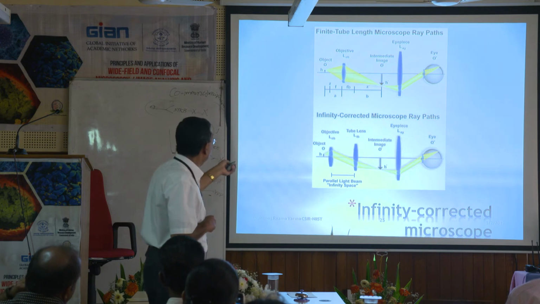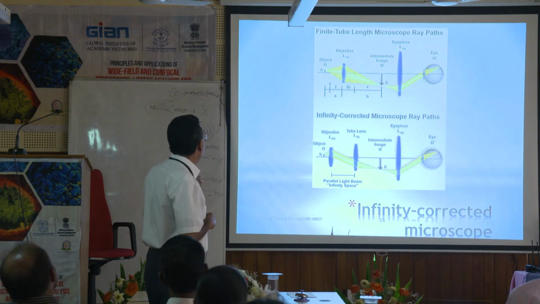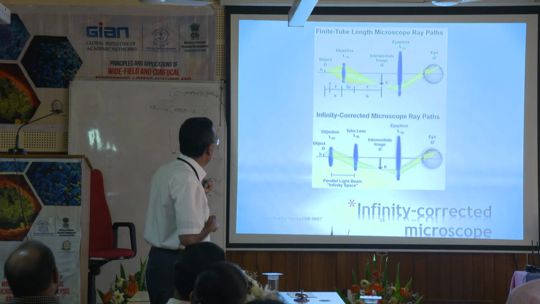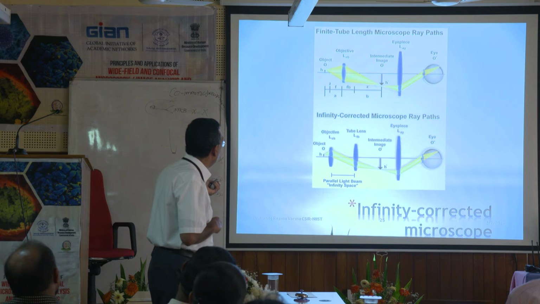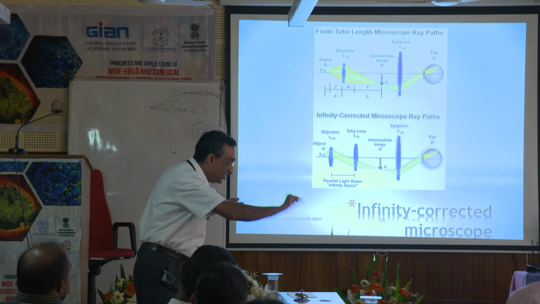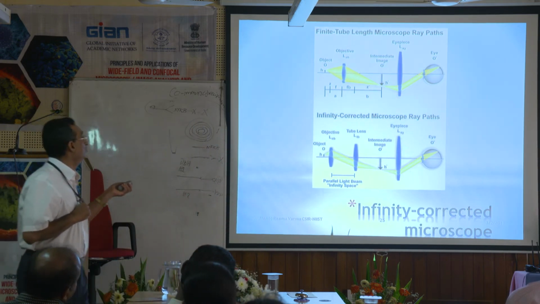Here the rays from the objective directly fall on the intermediate image plane, and your object is placed either at the focal plane or between the focal point and the pole, so that it always forms a diminished image, and this is viewed through the eyepiece.